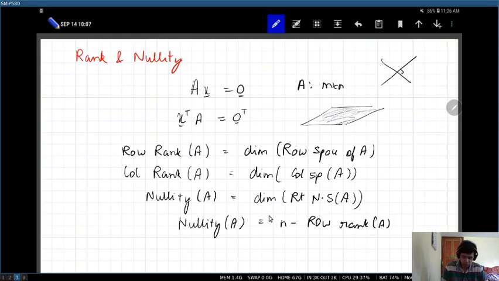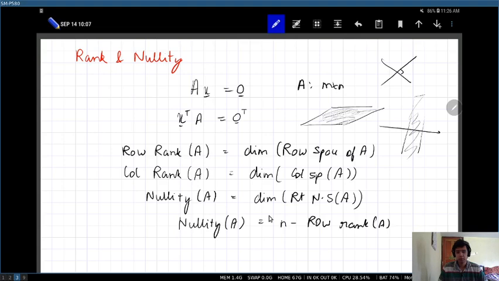And similarly, if you have a single line in 3 dimensions, then the set of all vectors orthogonal to this line corresponds to a plane. Right? So that is pretty obvious, and it's geometrically very intuitive.